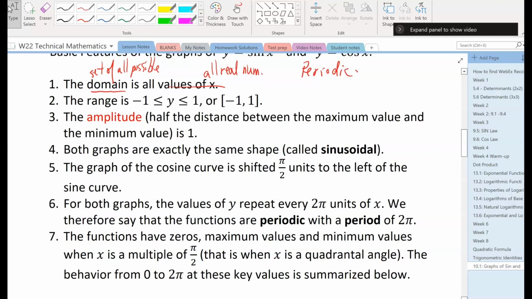The graph of the cosine curve is shifted pi/2 or 90 degrees to the left of the sine curve. We call that a phase shift. They are phase shifts of each other.